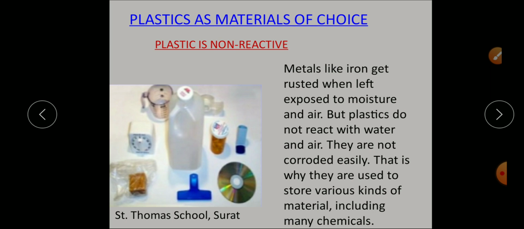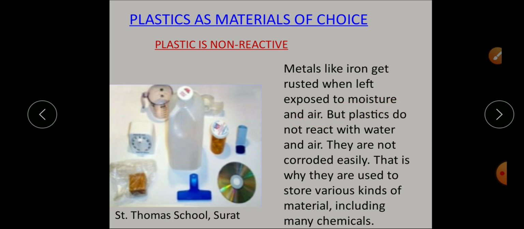Corrosion means they do not get rusted. Plastics do not react with air and water. You can see metals like iron get rusted when left exposed to moisture and air, right?